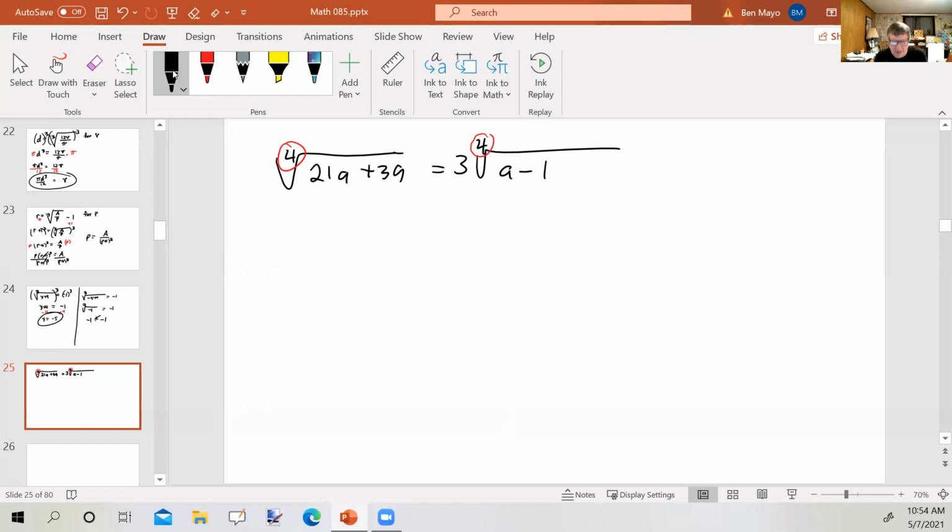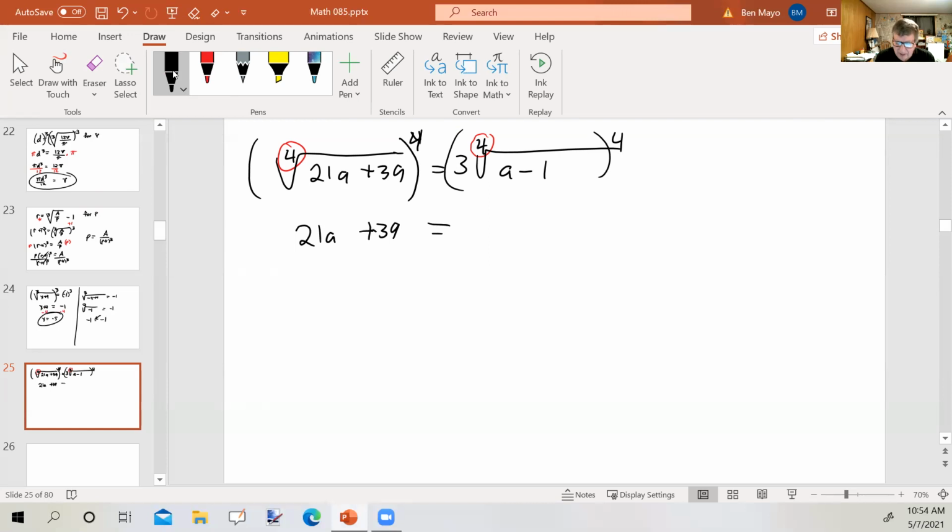The 3 that's outside the radical is still part of that same term, okay? I'm going to raise both sides to the 4th power. On the left side, the 4th root of 21a plus 39 raised to the 4th power is going to be 21a plus 39.